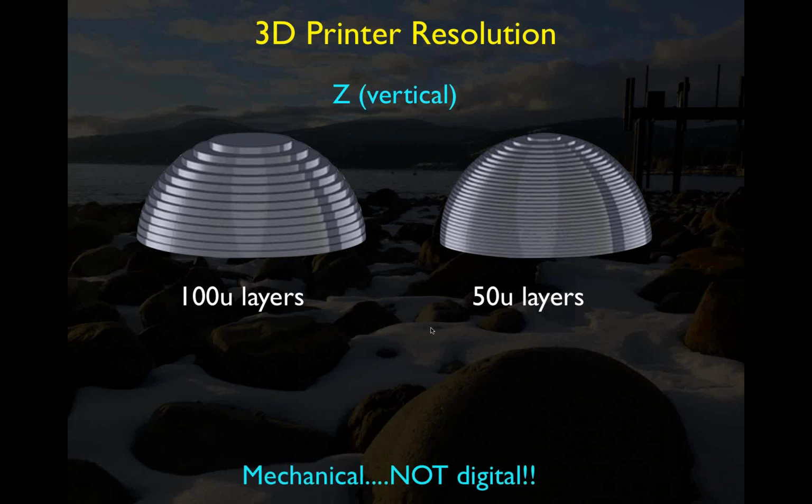Now, one thing to keep in mind is that the vertical is mechanical, it is not digital. And what I mean by that is there's a mechanical transport that moves the build plate a little bit up between each layer. And depending on what kind of resolution you have, that means that plate has to move just 50 microns before the next layer is exposed and polymerized, and then 50 microns, then 50 microns.